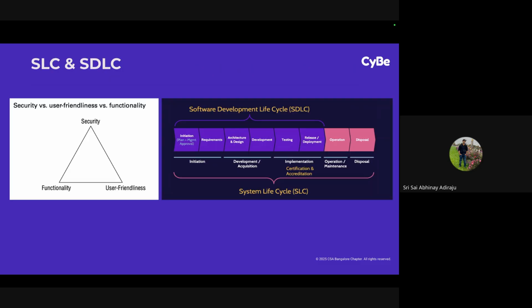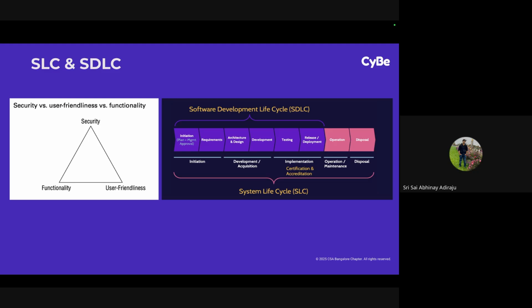So let's start with understanding what is SLC and SDLC. I think this is a very basic terminology, which I think everybody understands. SLC means system lifecycle. System lifecycle is a very holistic approach where you have an entire development of a particular software, rolling out of the software, making it live, and then giving it over to operations where there is BAU activities going on day to day.